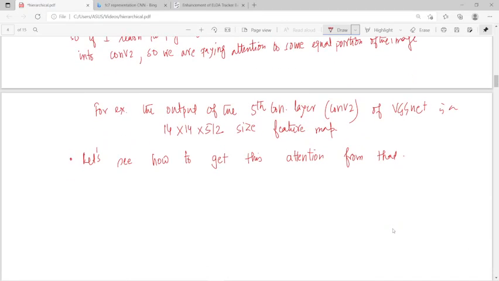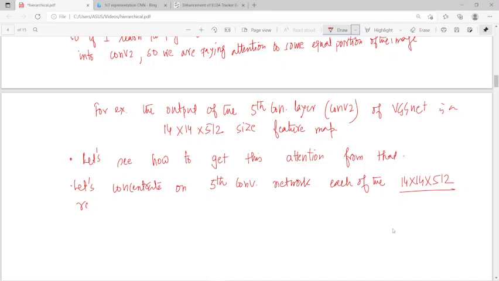We are concentrating on this fifth convolutional network, and if we reduce this dimension we get this particular dimension, where each one represents a certain portion of the image.